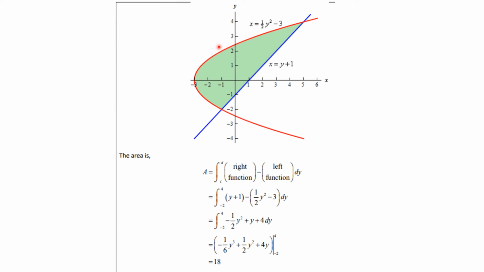Now, an easier way to do the problem is to draw the slices dy, because then the blue function is always on top and you can evaluate one integral rather than 2 or 3. But we have to solve for this, so x is equal to y plus 1. So the area in this case is going to be the integral where these y values are going to be from minus 2 to 4.